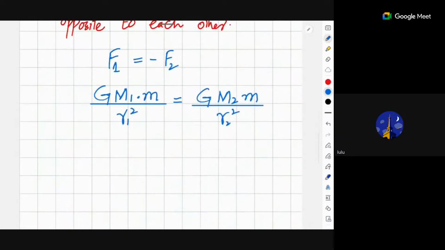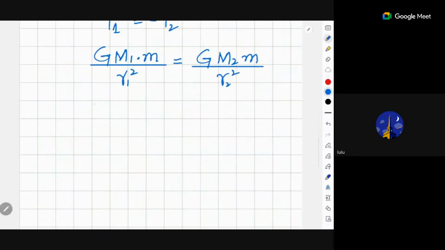So I can simplify this. Now G will be cancelled out, small m and small m is gone. Now the variables left over: mass of planet 1 divided by x square equals mass of planet 2 divided by r minus x square.